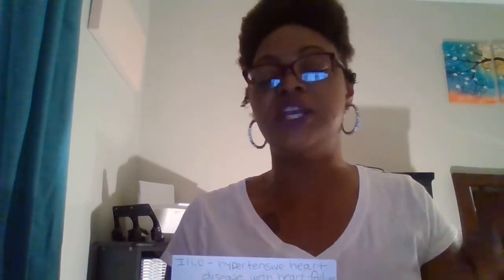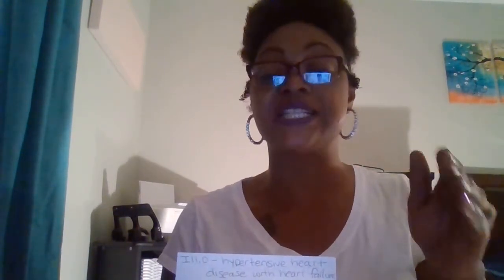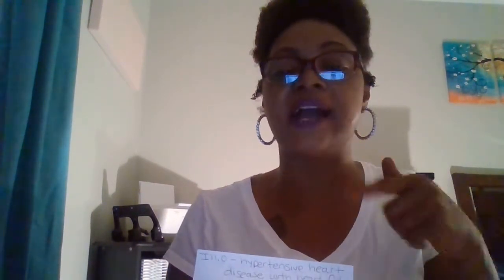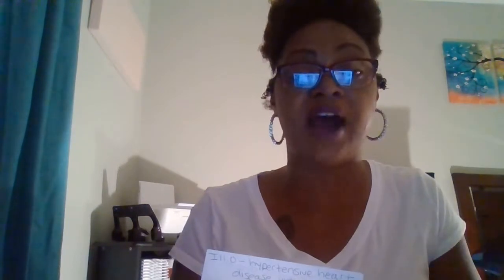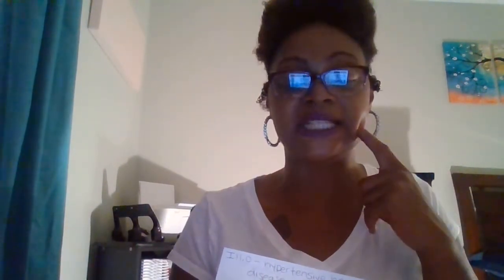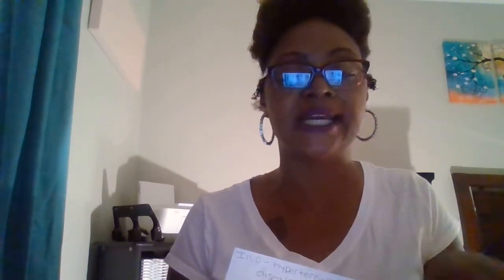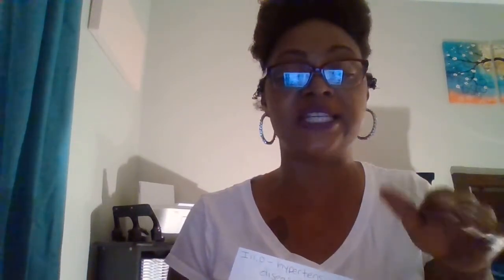So let's talk a little bit about when you have hypertension and when you have heart failure. Even if the provider does not document that it's related, it's kind of like a causal thing where you have hypertension and you have heart failure, we just automatically link it together. Just like if you have hypertension and you have CKD, or chronic kidney disease, you automatically link it together whether the provider links it or not.